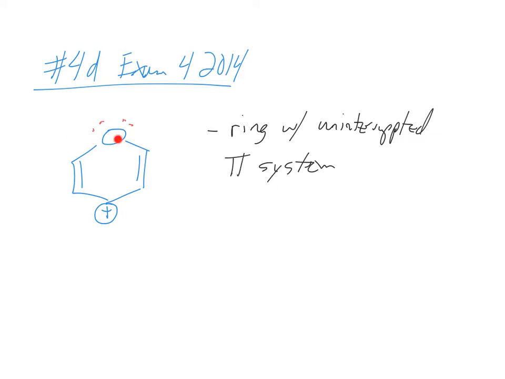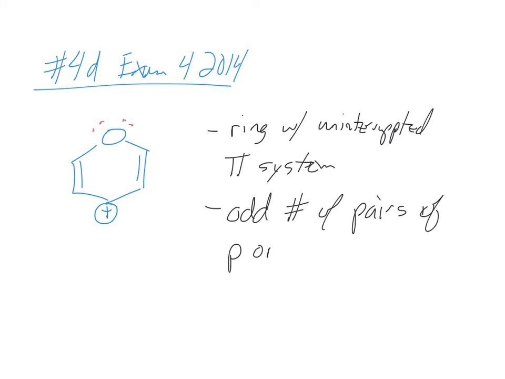And this oxygen is going to choose to be sp2, so one of its lone pairs can be part of the pi system. And how many electrons do we want in the pi system to be aromatic? An odd number of pairs of p orbital electrons.